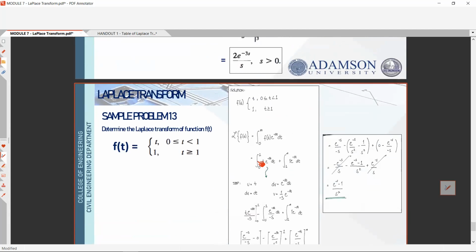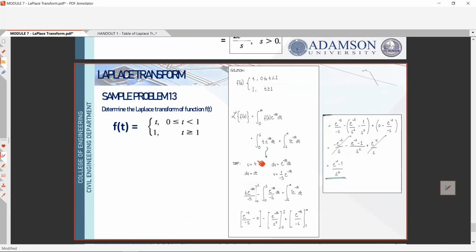So next problem. Find the Laplace transform of the given piecewise function. f of t is equal to t when time is greater than or equal to 0 and less than 1, and f of t is equal to 1 when time is greater than or equal to 1.